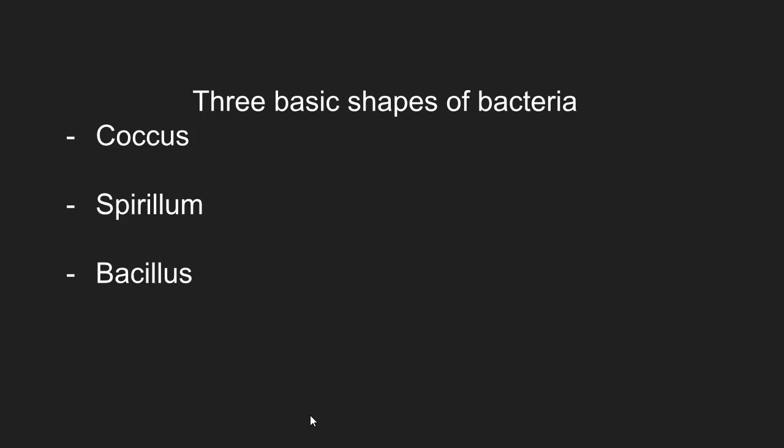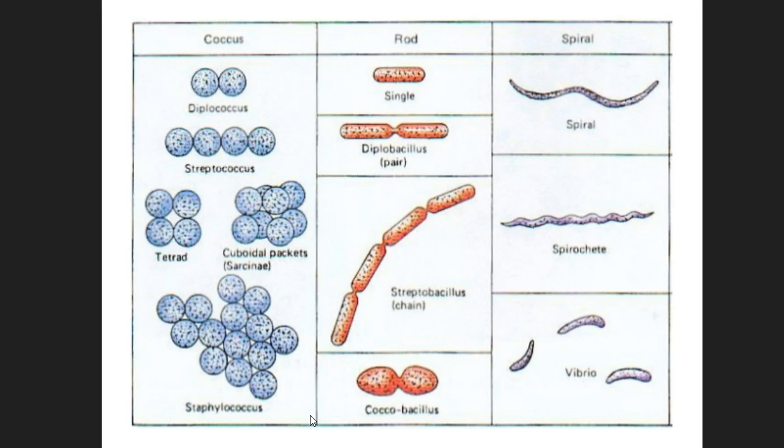But just to kind of dive into this, there are three basic shapes that a bacterial cell can take. The coccus or cocci, as they're called, are these round cells here that often form into groups with one another. They often aggregate like this, although all these bacterial cells can aggregate.